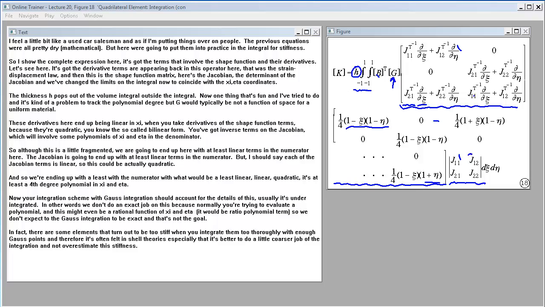So we don't expect the Gauss integration to be exact, and that's not the goal. In fact, there are some elements that turn out to be too stiff when you integrate them too thoroughly with enough Gauss points, and therefore it's often felt in shell theories especially that it's better to do a coarser job of the integration and not overestimate this stiffness.